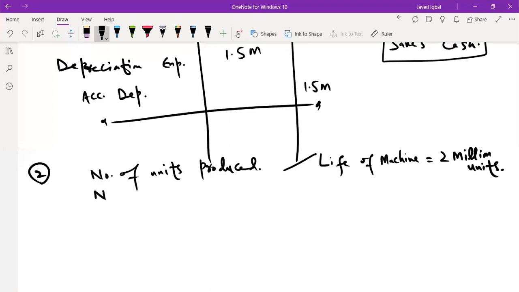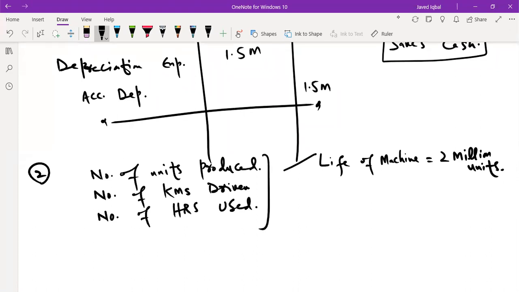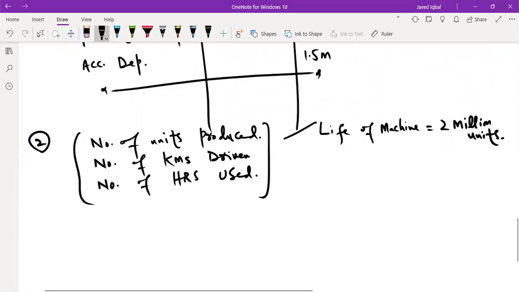This could be easily transformed to number of kilometers driven. And then we discussed tractor, for example, number of hours used, right? So you can apply all these quantitative production methods or usage methods on this.